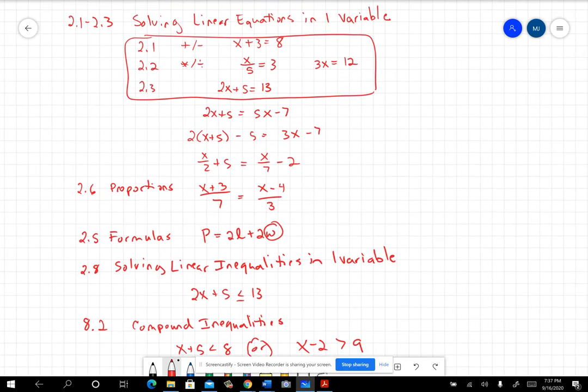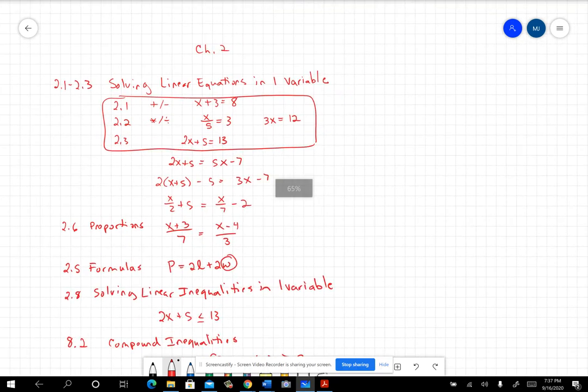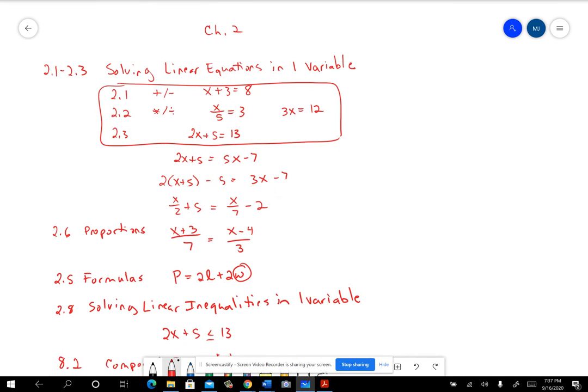All right. And then let's go back up here to solving linear equations in one variable. I want to take you back to that problem we did early in the class about the movies. Do you remember the one where the movies cost like $2, and then there was a flat fee?